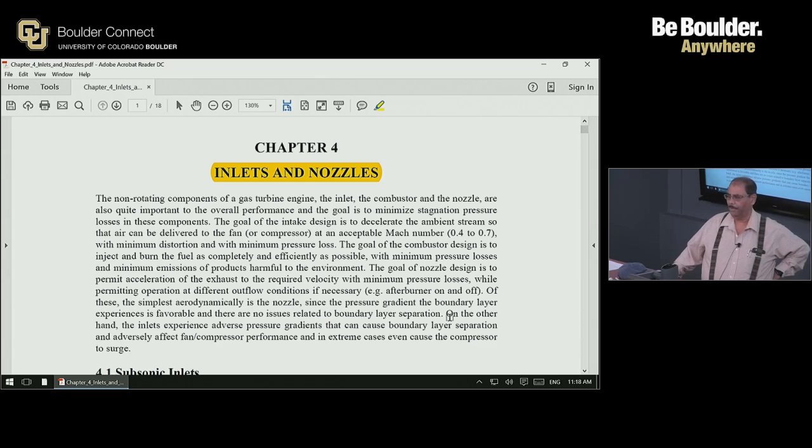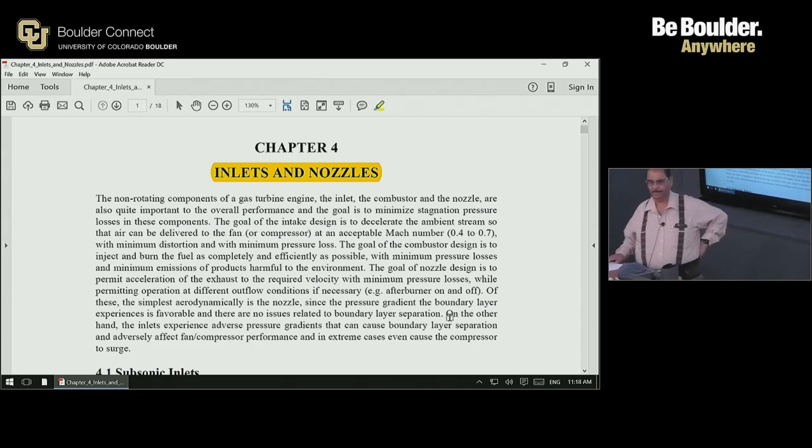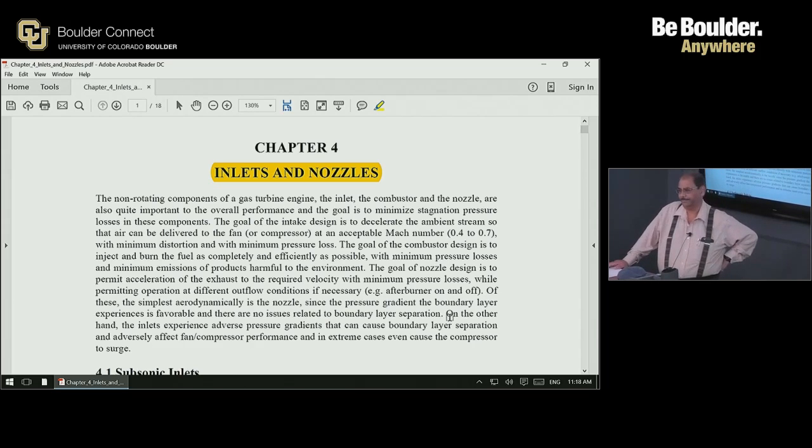But before we do that, it is logical to talk about non-rotating components like inlets, nozzles, and combustors. So we'll start with the inlets.